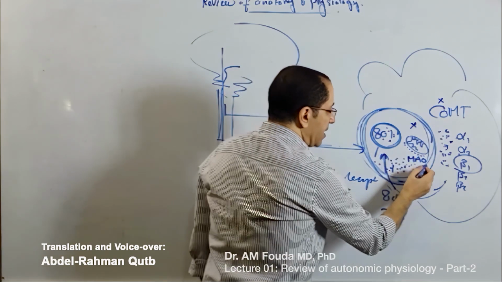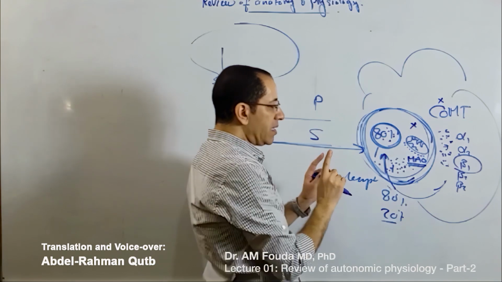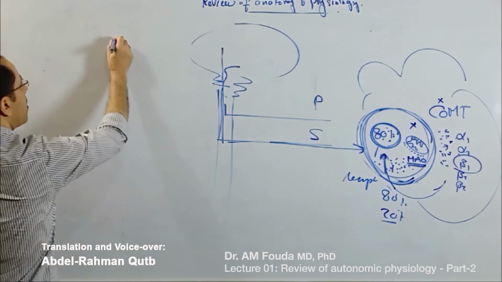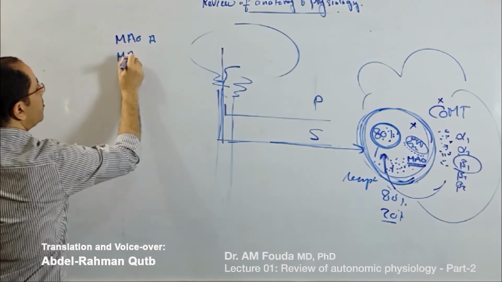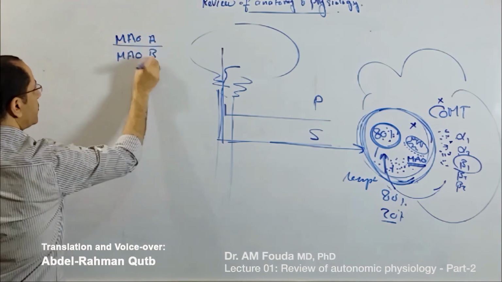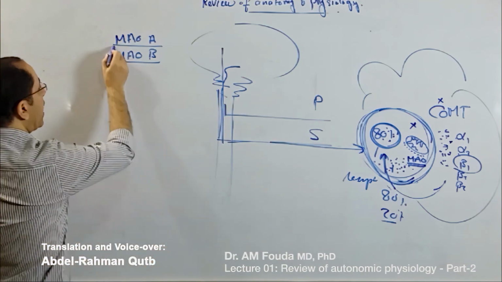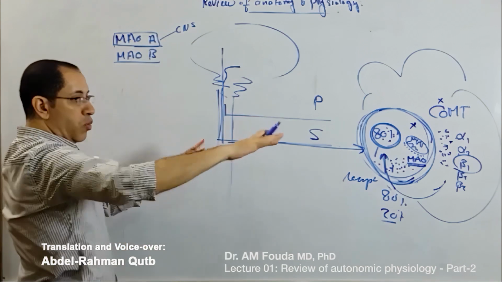This MAO enzyme has 2 isoenzymes. One of them is called MAO-A, monoamine oxidase A, and the other is called MAO-B, monoamine oxidase B. Both of them are present in the central nervous system. MAO-A is present in the CNS and nerves in general, and in the brain.